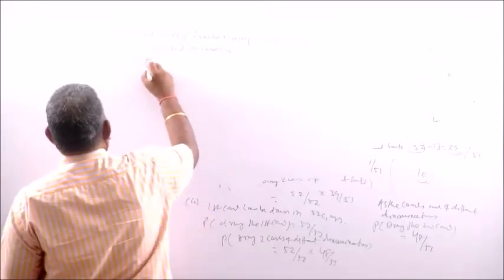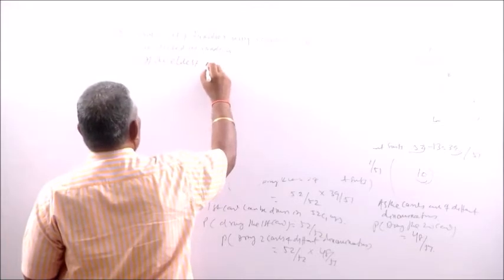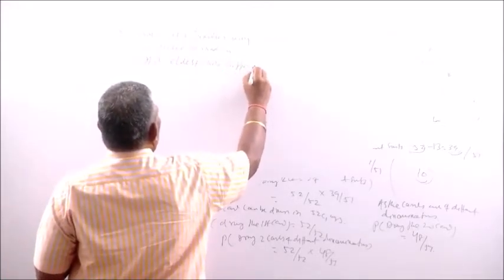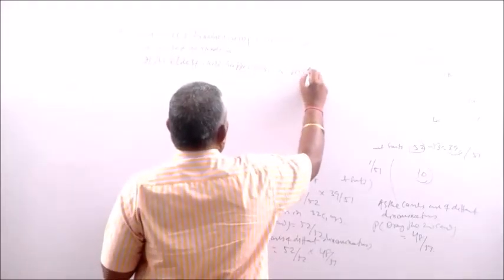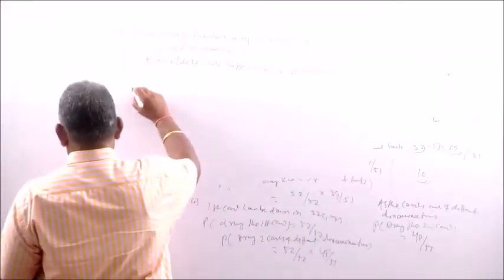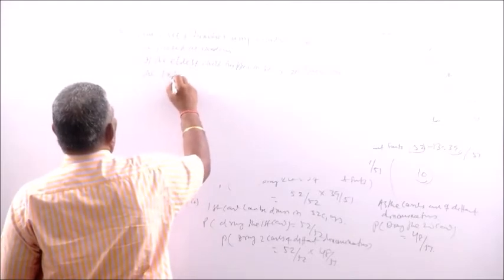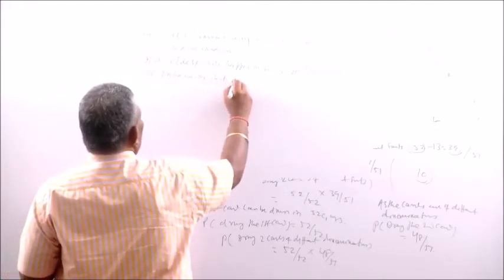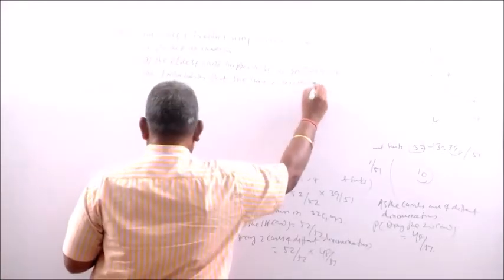If the eldest child happens to be a girl, then find the probability that she has two brothers.